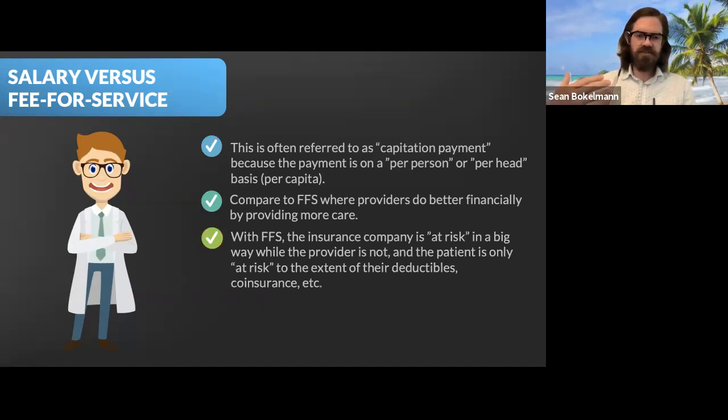So with fee for service, really the insurance company is at risk in a big way, right? If doctors are paid on a fee for service basis, and therefore are perhaps financially motivated to induce demand, the person or the company paying for that is the insurance company, right?